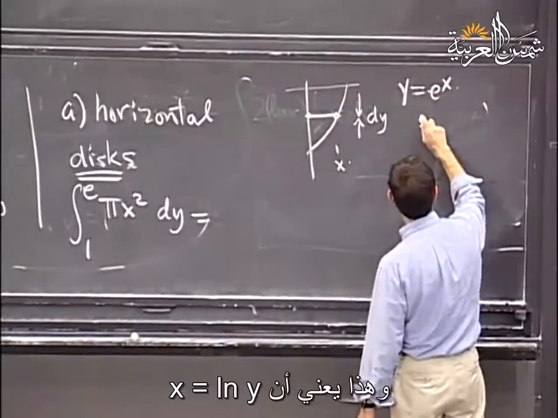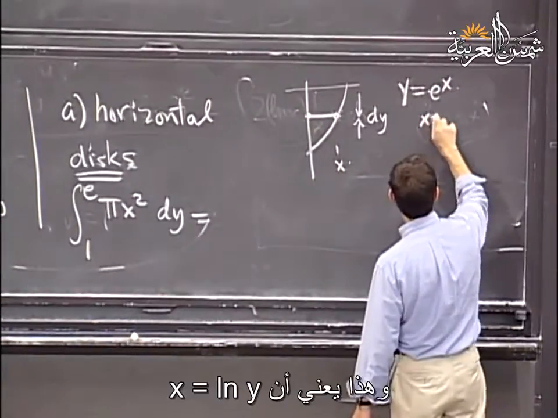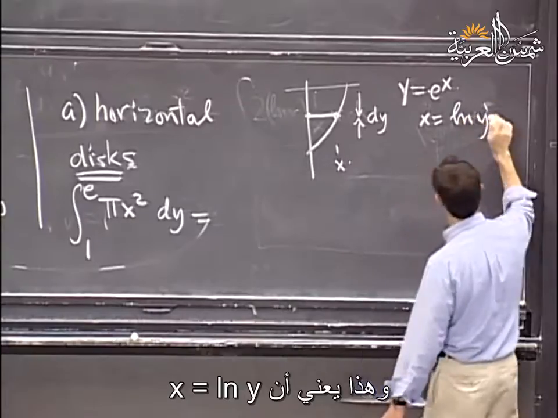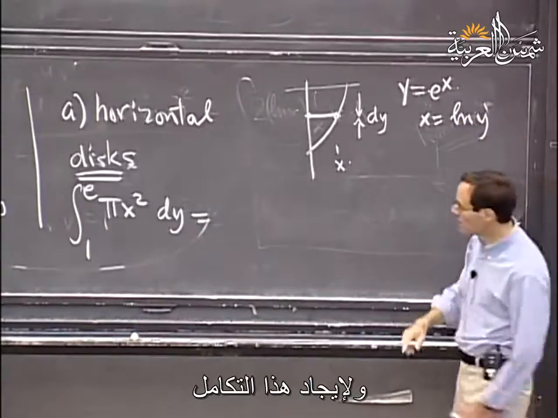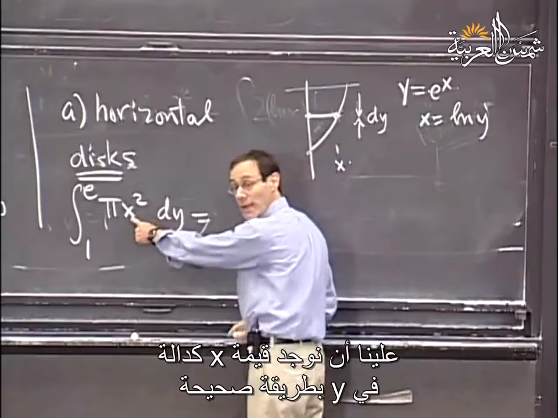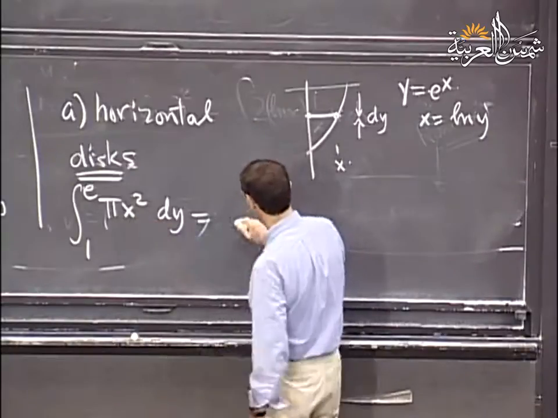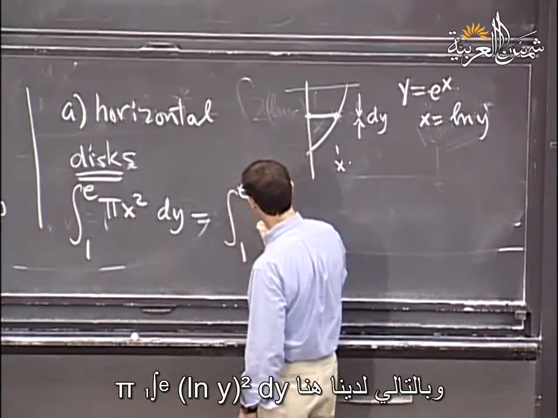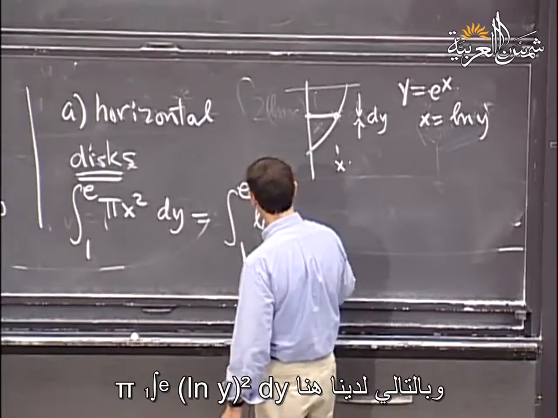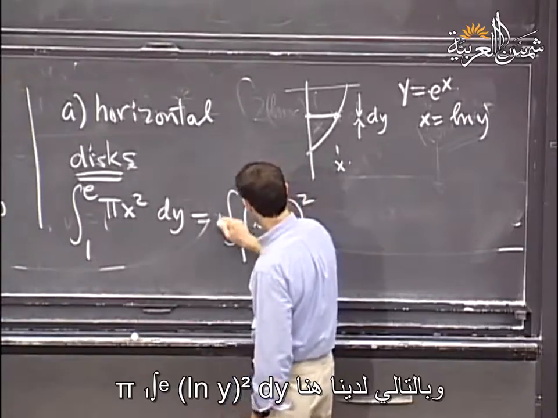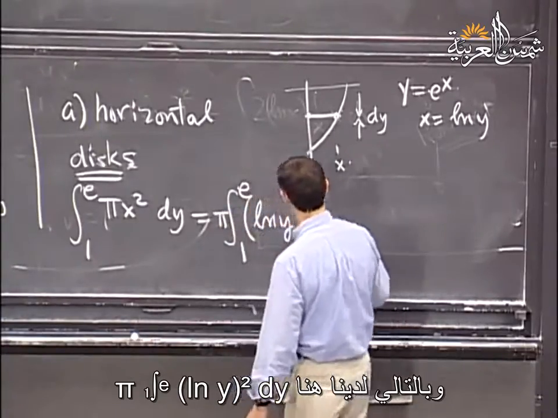So that means x is natural log of y. And in order to evaluate this integral, we have to evaluate x correctly as a function of y. So that's the integral from 1 to e of log y, the quantity squared, times pi dy.